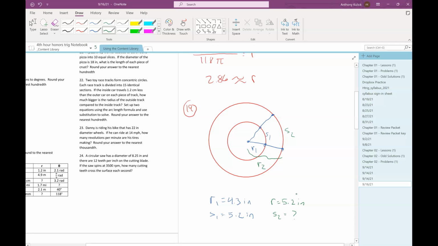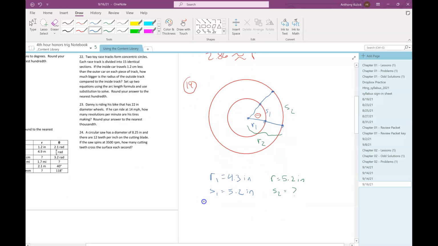So far, so good? So here's the key observation: for both situations, we have the same theta. The angle involved for arc 1 and arc 2 is the same angle. So I'm going to use the information from the small circle to solve for the angle in the large circle.